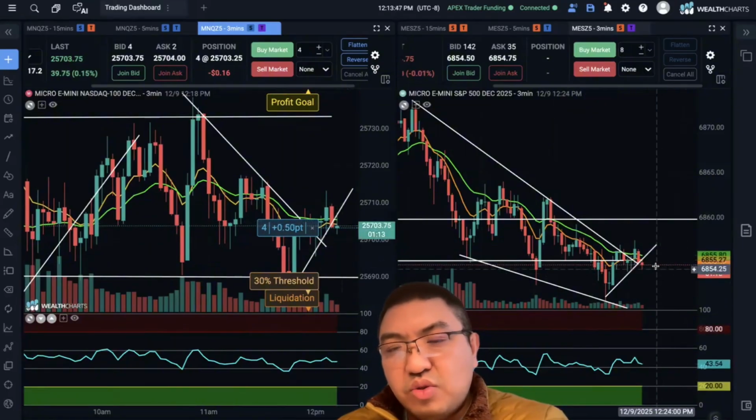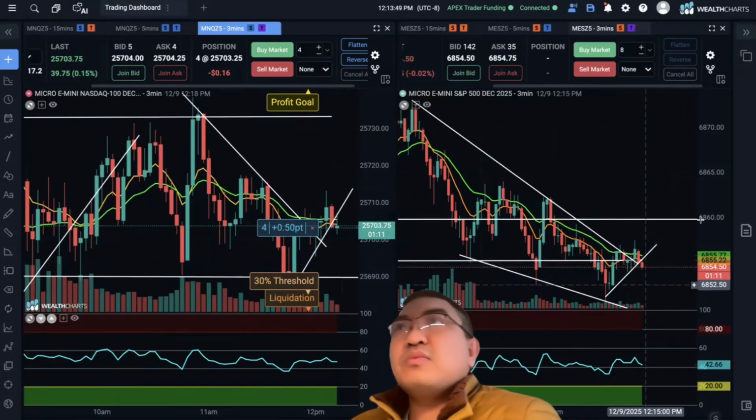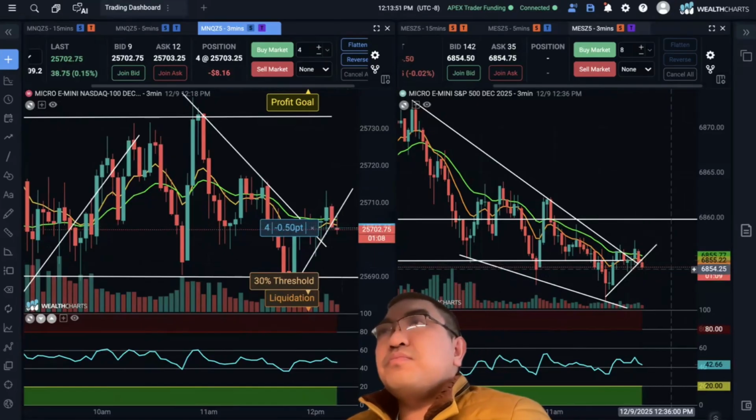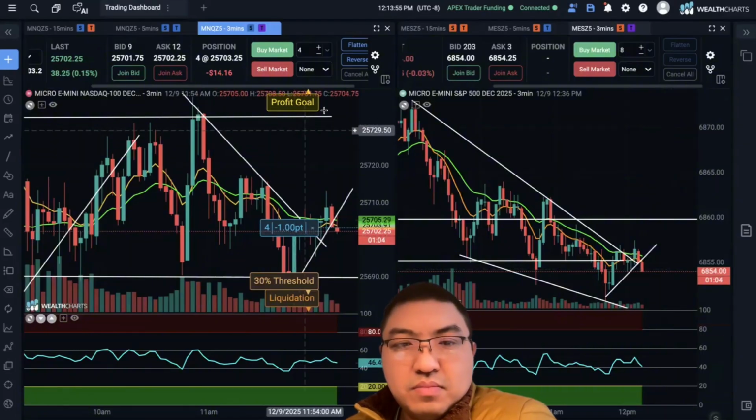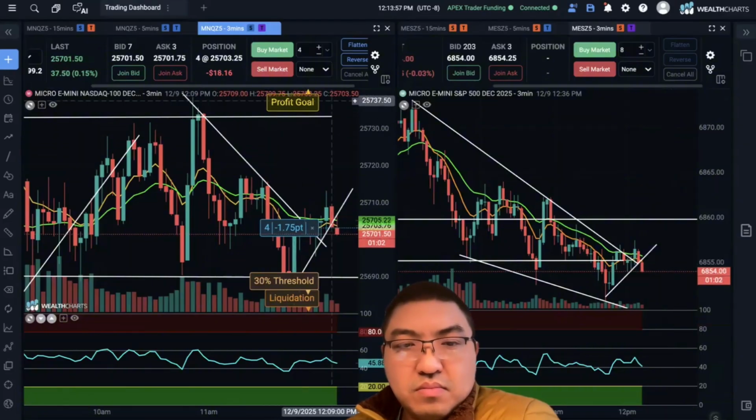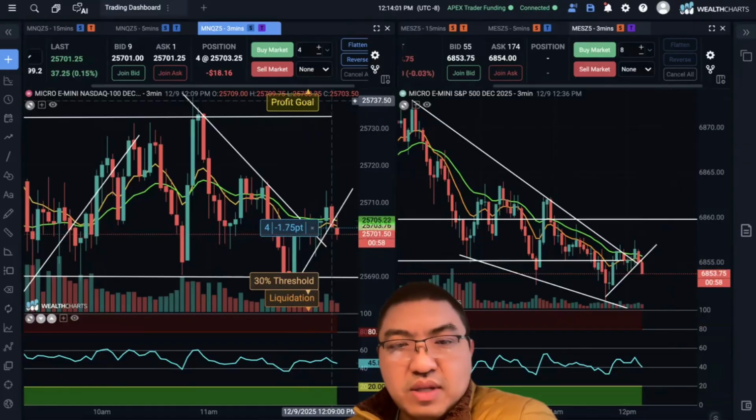ES shows an intention to go downward. I cannot add a position. Oh, it goes down. How come? It resumed the downtrend. Oh, it has a covering candle, a downward covering candle.